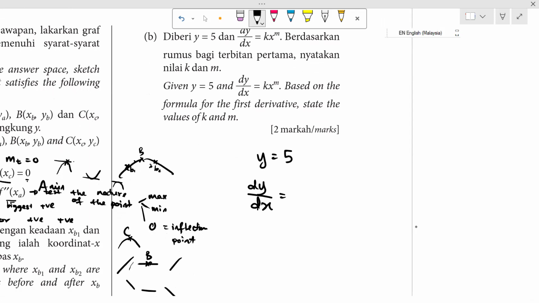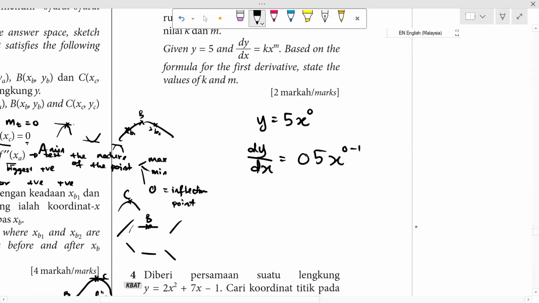Your dy/dx is 0. How do you get 0? Do you still remember the formula? There's actually an x to the power 0 here. You bring down the 0, so you have 5x to the power 0 minus 1. And therefore, you will have 0 times 5x to the power of negative 1.